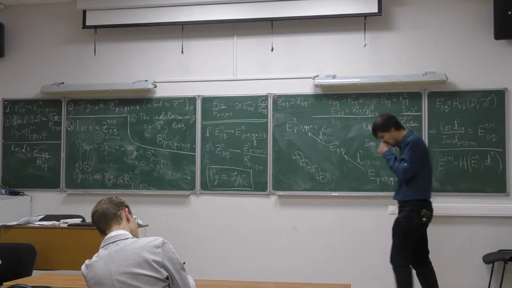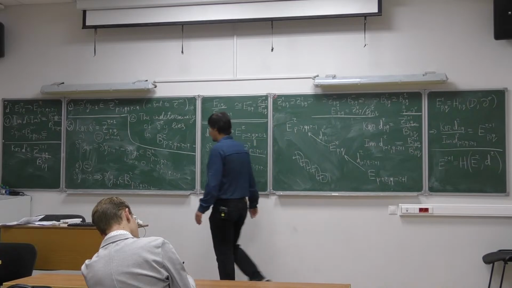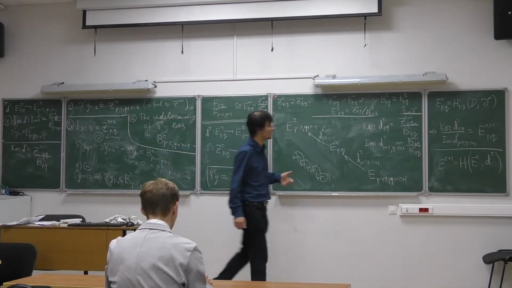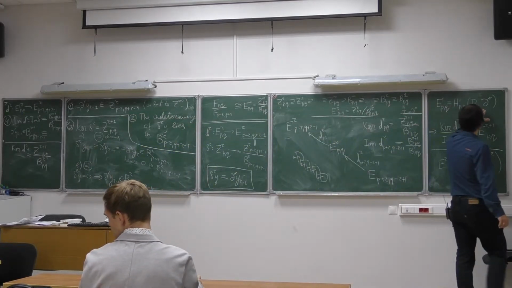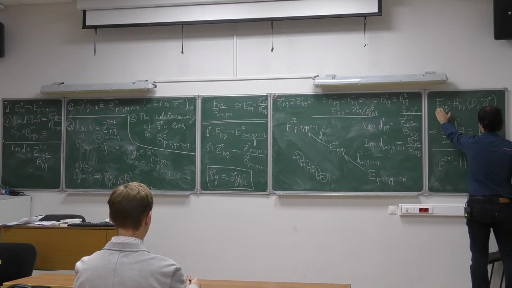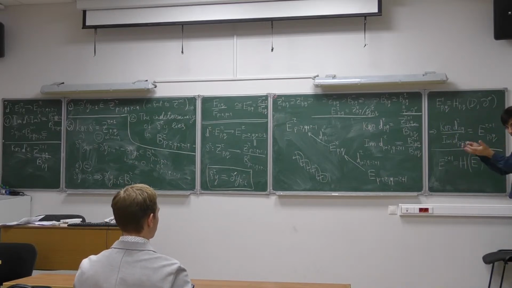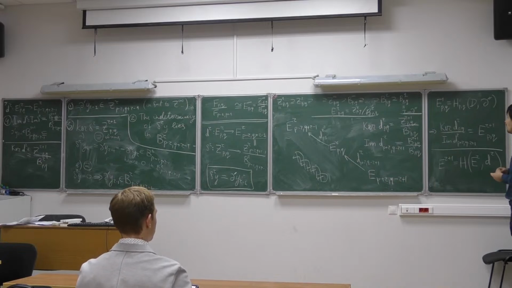So the general picture is like that. We take the first term, which is given by just homology along D2 primes.